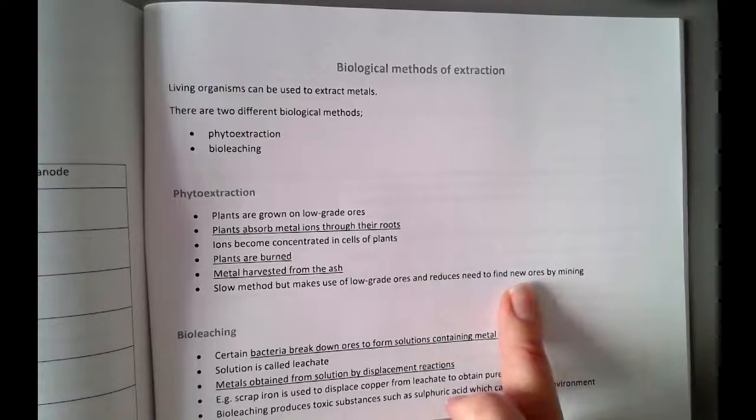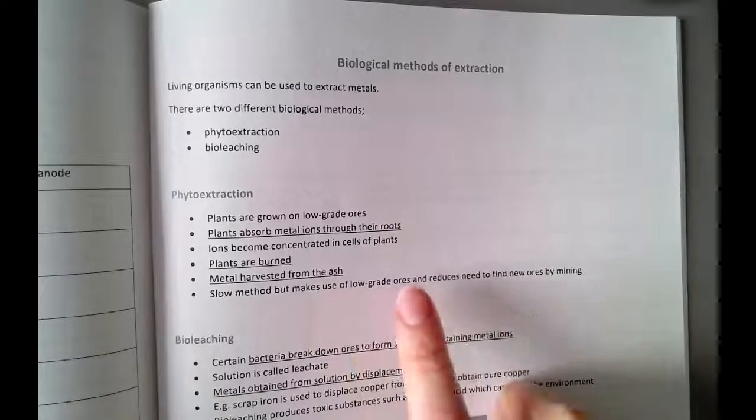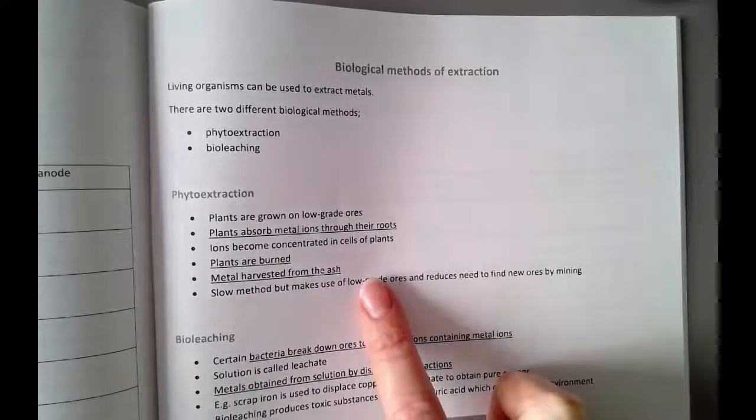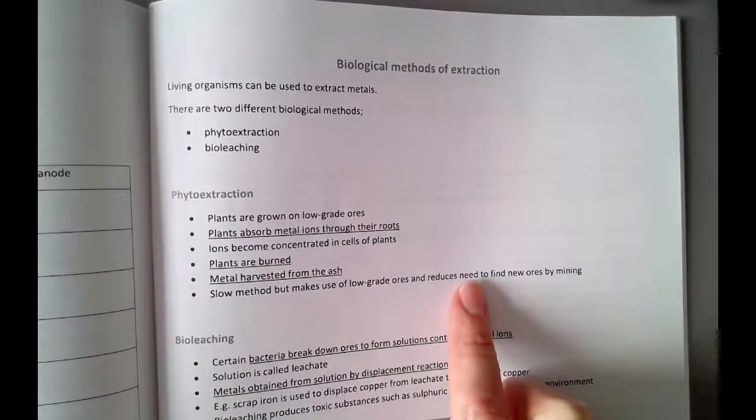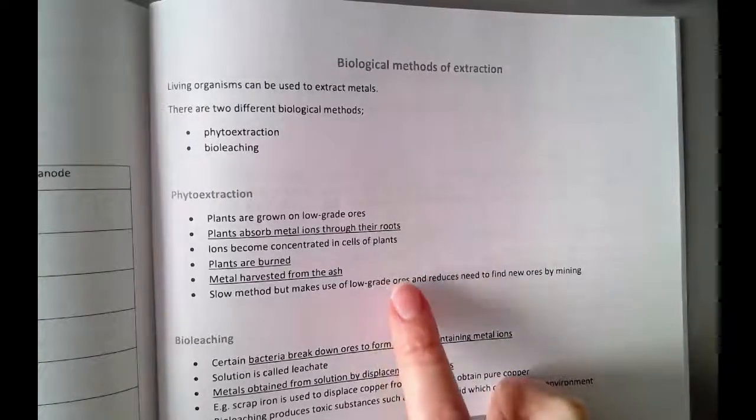Typically if you want to find new ores, you're going to have to dig mines. That's quite unsightly, and mining is also quite dangerous. It destroys the environment. So anything that reduces the need to mine is going to be an advantage. So yes, it's slow, but you can make use of low-grade ores and it reduces the need to mine. So that's phytoextraction using trees or plants.